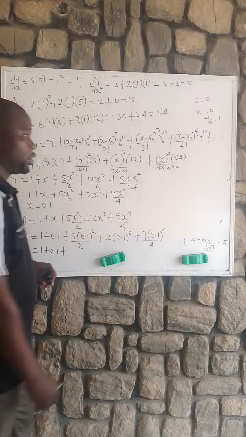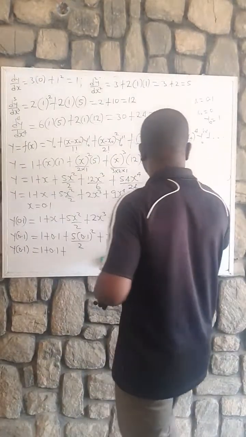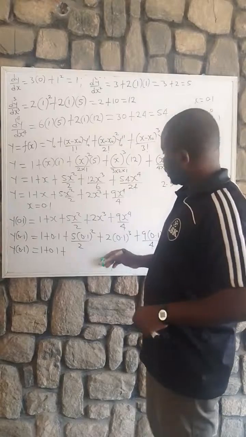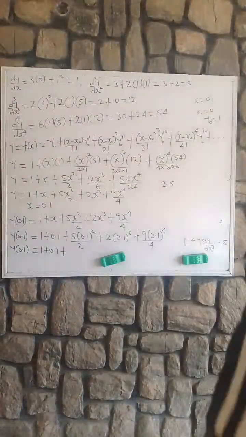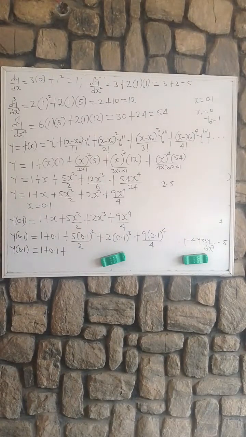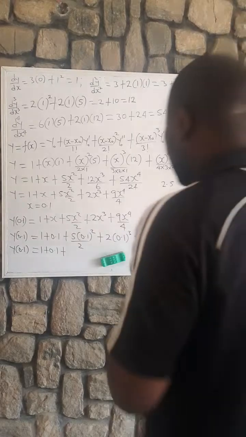You are supposed to have 2.5, right? 5 divided by 2, please, your answer. I need your answer. 2.50, right? Okay.